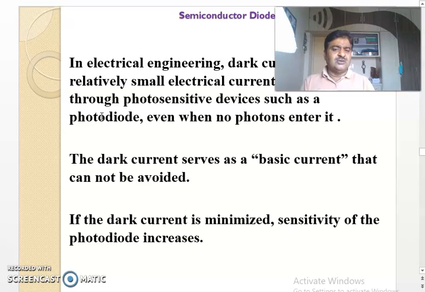Though it is very small, there is a dark current. The dark current serves as a basic current that cannot be avoided. If the dark current is minimized, the sensitivity of the photodiode increases. This is the main concept in photodiode.